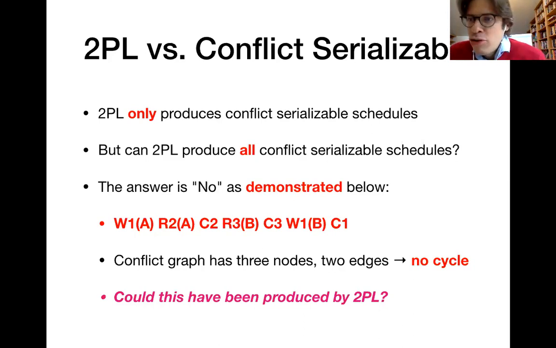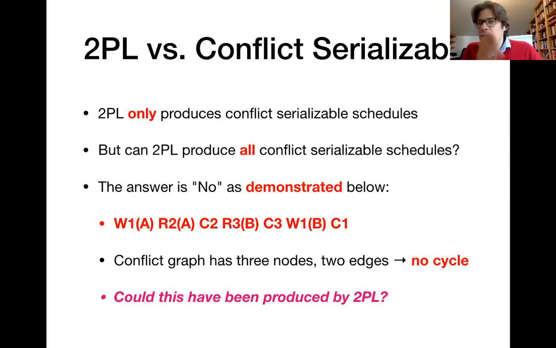So if you would draw the conflict graph, we have 3 nodes and 2 edges, and no cycle here. We have only this conflict on object A between transaction 1 and transaction 2, and then the conflict on B from transaction 3 to transaction 1. So this is conflict serializable.